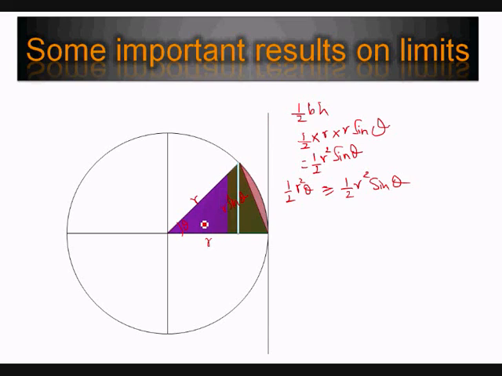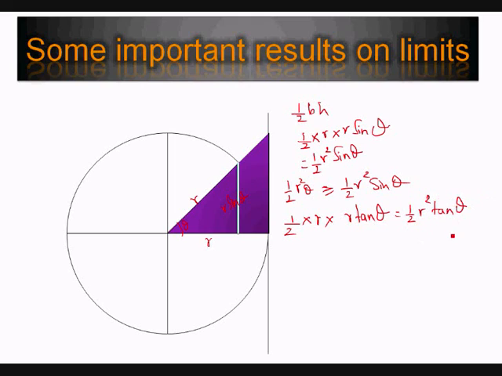Let's consider one more triangle. This one. This is obviously a right angle triangle. Therefore the area of this triangle will be half times r times this side. And what is this side? This side will be r tan theta, because this over this is tan theta. Therefore this is half r square tan theta.